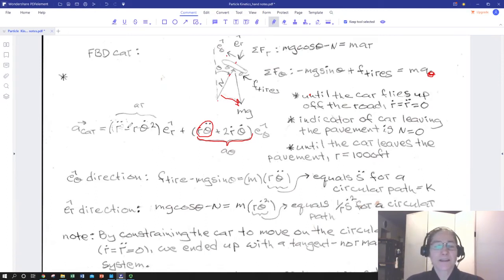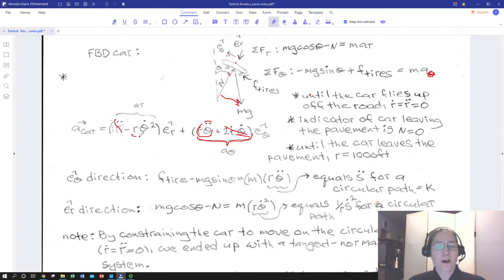Okay, so let's simplify. Let's pull in our circular path simplifications. So r dot is 0, this term goes away. Not that whole term, just the second term. Let's try again. That term goes away, and that term goes away.